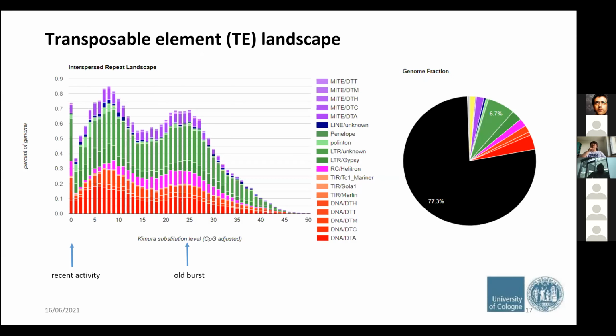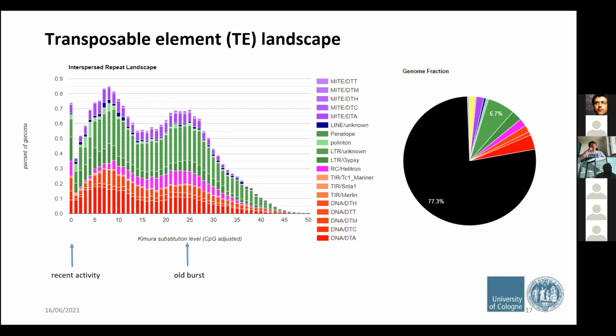We also show the landscape of the transposable elements here. It's contrary to the previously detected low abundance and inactivity of TEs.